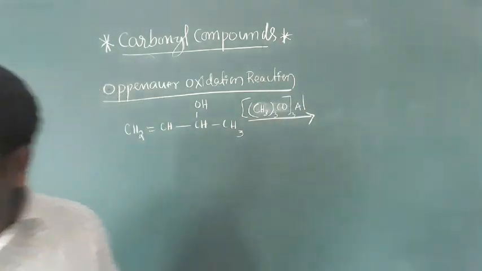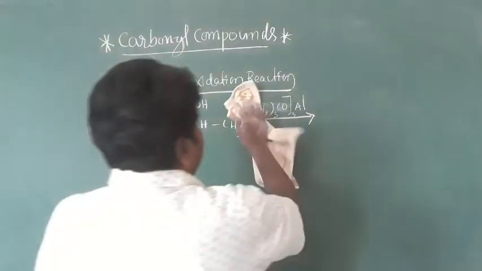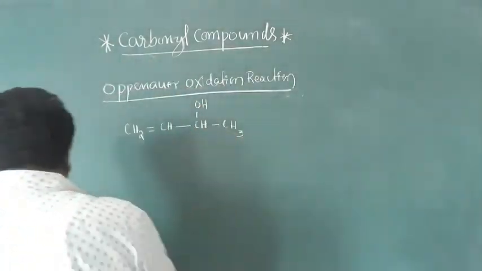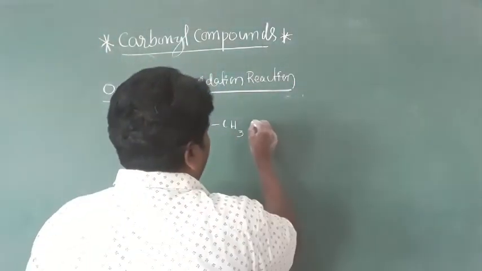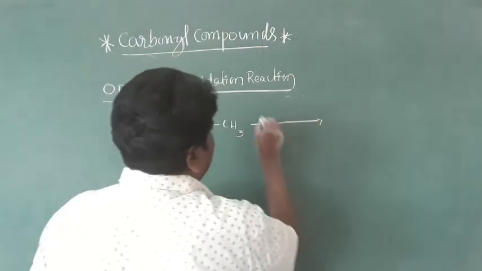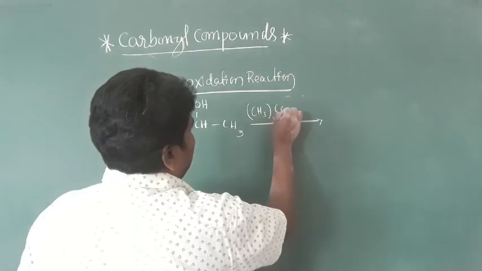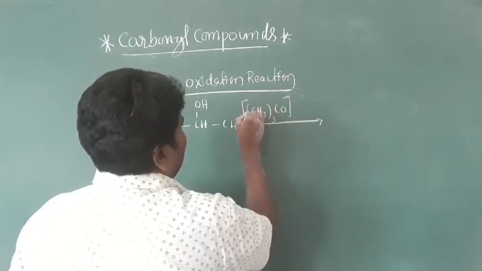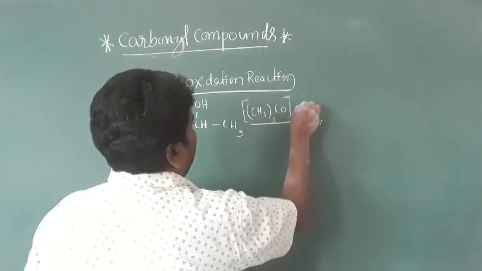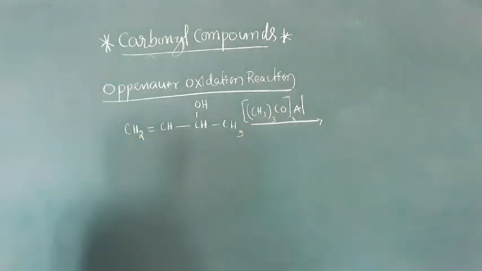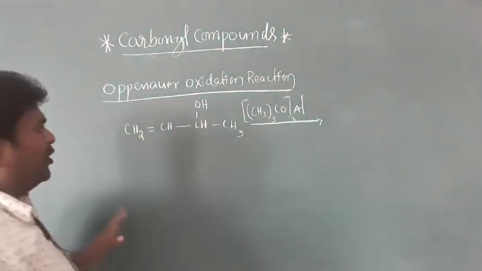Once again I'll write clearly. On the arrow, the Oppenauer oxidation reaction, with (CH3)3CO taken thrice, aluminum. What do you observe here?